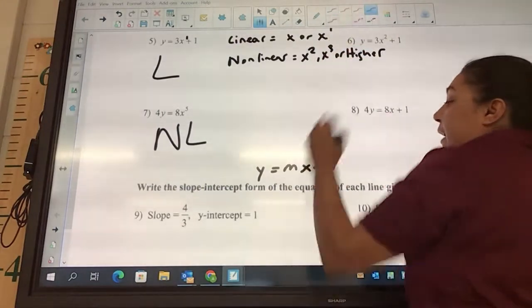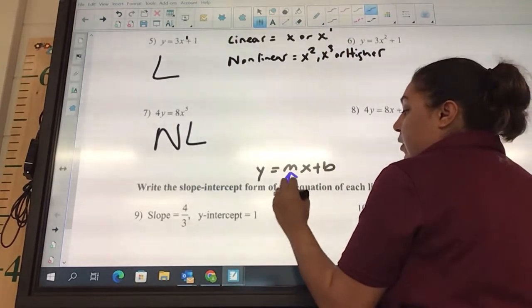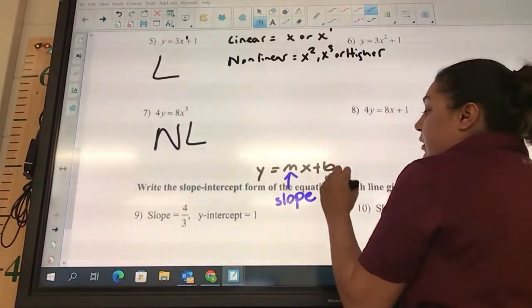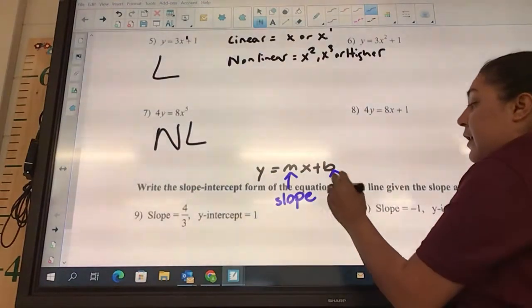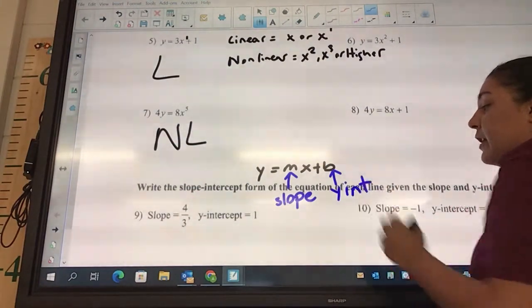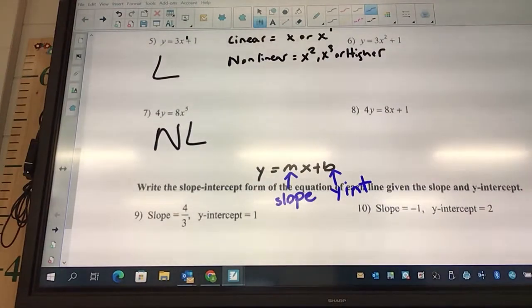Okay. What does the m stand for? Slope. Okay, some of you guys need to write the notes if you don't know what this one was. Okay, and this is going to be the y-intercept. Make sure you're taking good notes.